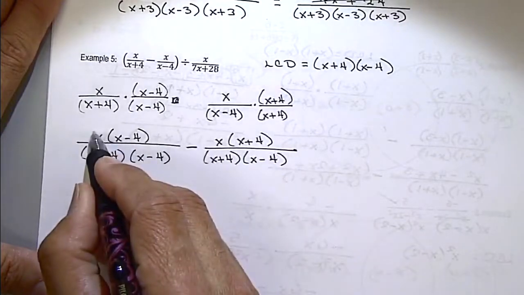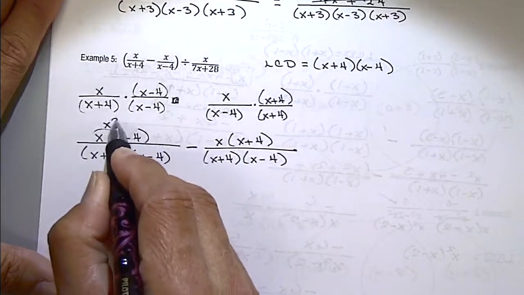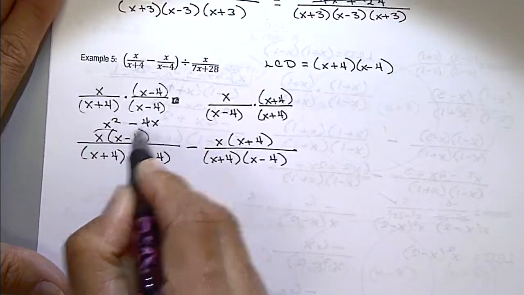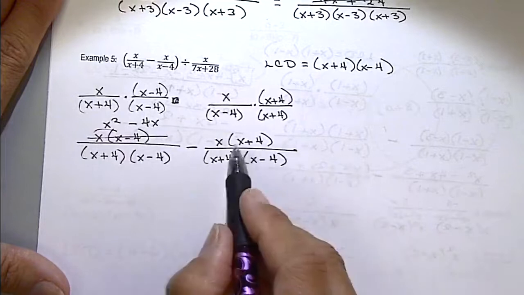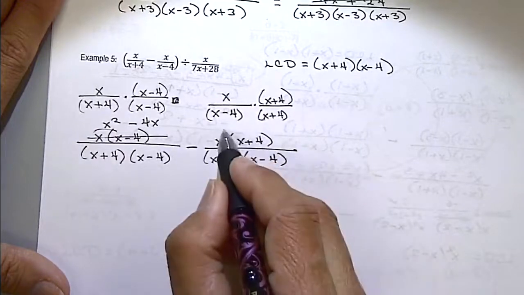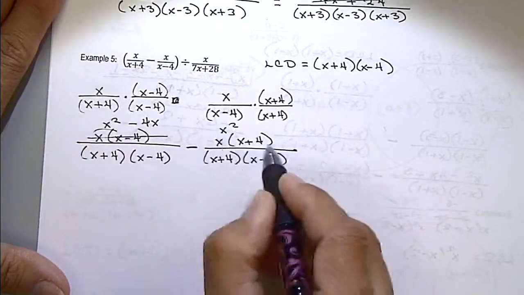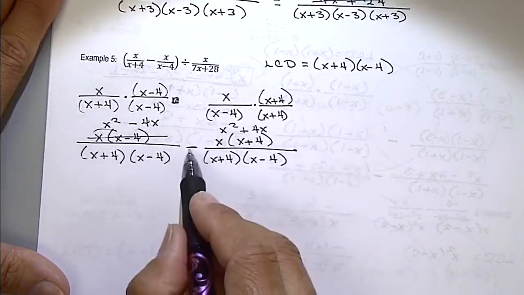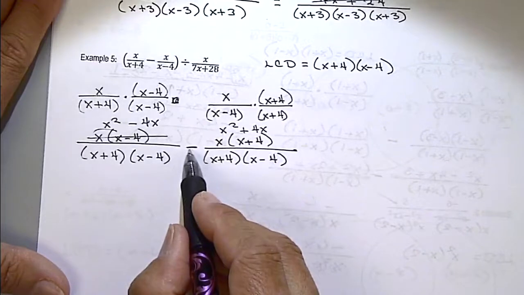So this is going to be x times x, which is going to give me x squared. This is going to be x times negative 4, which is going to give me a negative 4x. I'm going to replace that, so I'll just draw a line. Over here, I've got x times x, which is going to be x squared, and x times 4, which is going to be a positive 4x, right? But I have to distribute the negative. You get it?